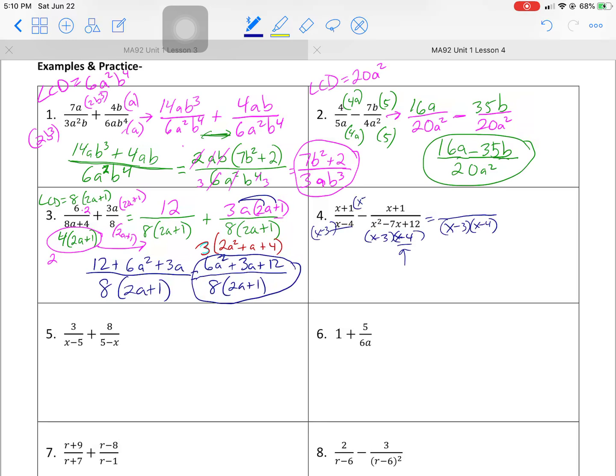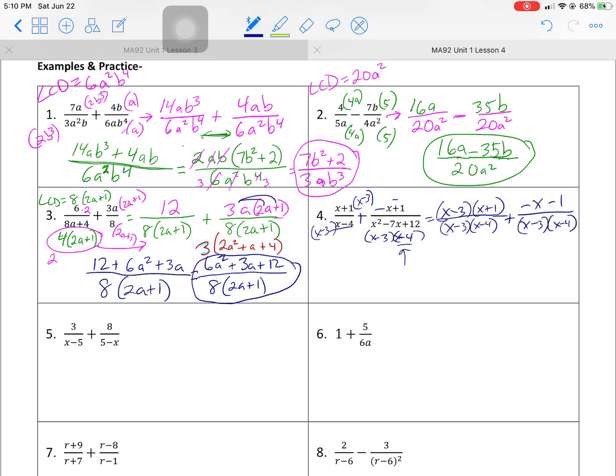So this gets multiplied by x minus 3. It doesn't matter about the order. And then I need to distribute the negative. So this is going to be x minus 3, x minus 4. And this is going to be the same. But now it's going to be negative x minus 1.